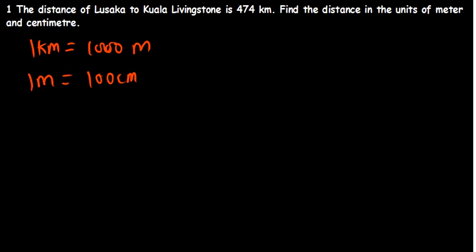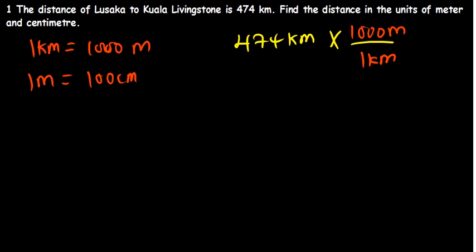What I mean here is this: I'm going to write 474 kilometers here, then I'm going to say times. I'm going to set the units in such a way that they cancel each other. So I know that in 1 kilometer there is 1000 meters. Meaning that my kilometer and kilometer can cancel.